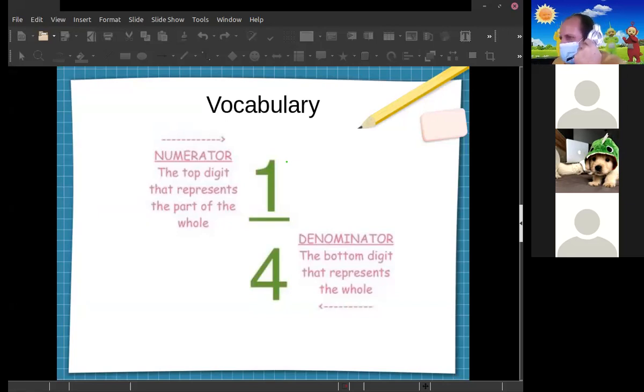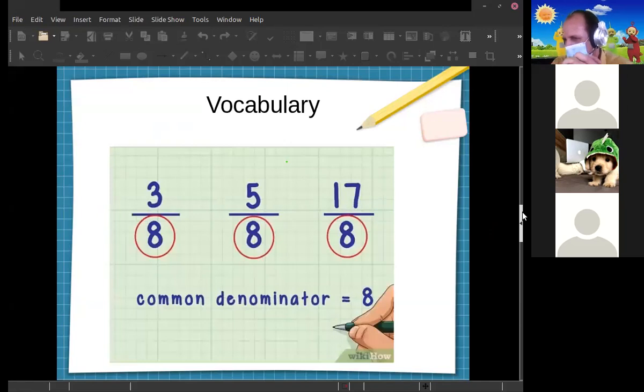Then I know 15 minutes past 12, because I know 1 hour has 60 minutes. 1/4 would be 15, 2/4 30, 3/4 45. So numerator and denominator.